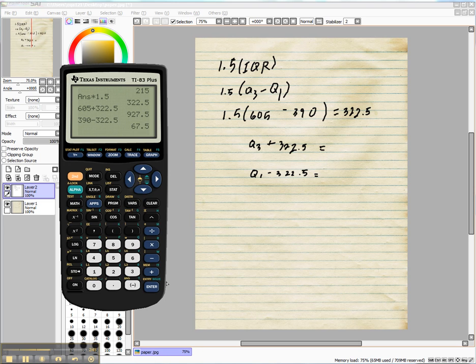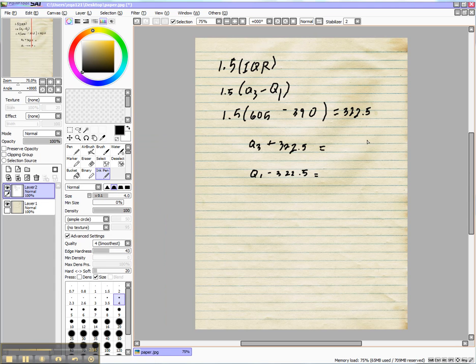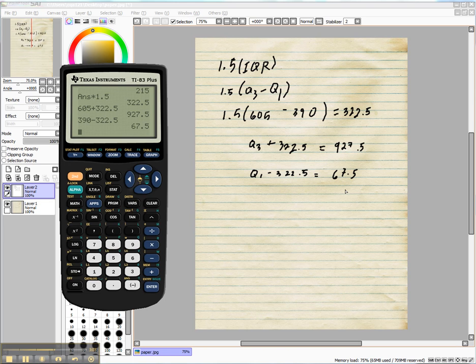So 67.5. 927.5 and 67.5. Right, 67.5, is that right? 927.5 and 67.5. All right, so what do these two numbers mean?